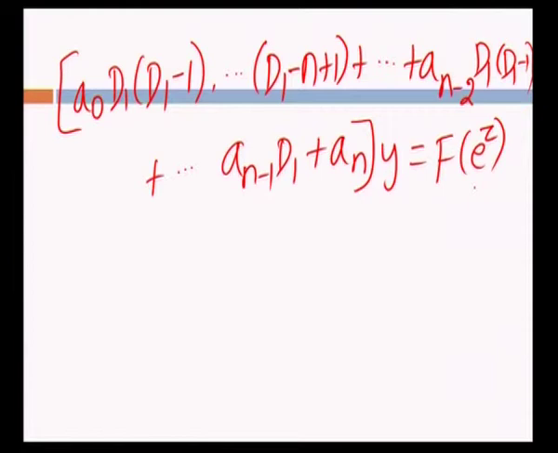Because in the starting of this derivation we assumed that x is equal to e power z.